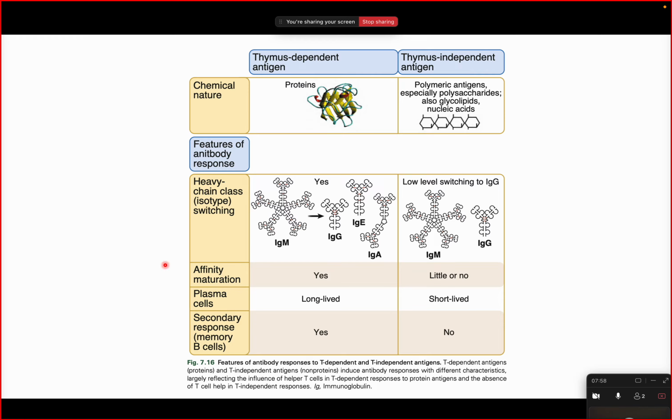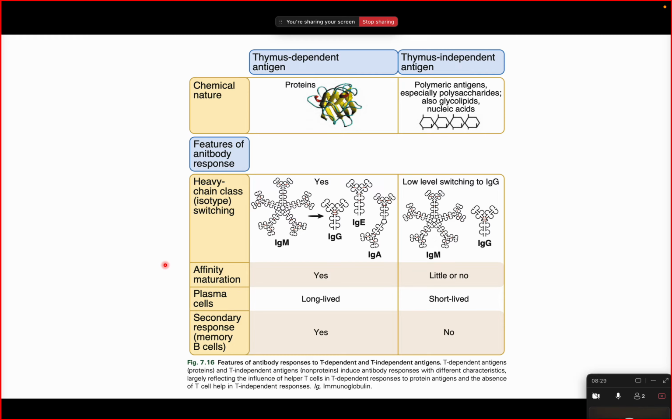When we talk about affinity maturation, obviously if it is happening with the help of T helper cells, the affinity maturation will definitely take place. Now if we talk about thymus independent antigen antibody affinity maturation, as it has not taken any help from the T helper cell, there will be very little affinity maturation.